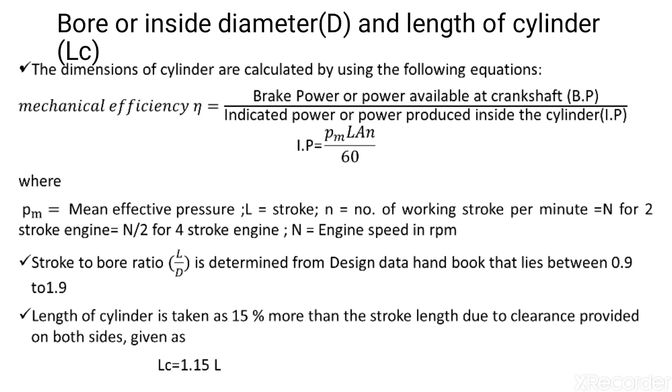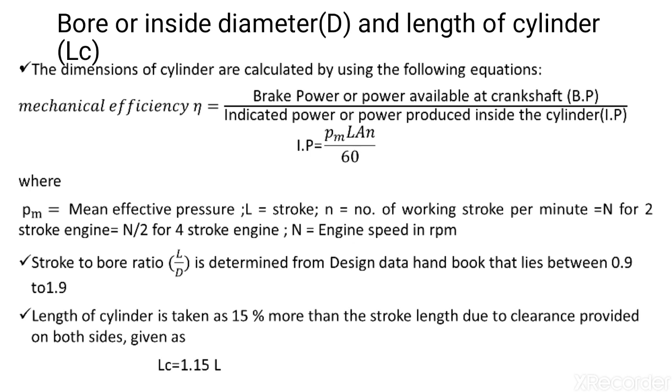IP is given by the equation P_m L A n by 60, where P_m is the mean effective pressure, L is the stroke, the distance between top dead center and bottom dead center, and small n is the number of working strokes per minute, equal to capital N for 2-stroke engine and N by 2 for 4-stroke engine. Capital N is the engine speed in RPM.